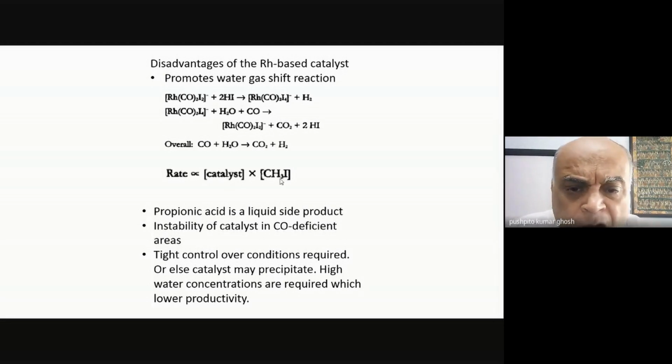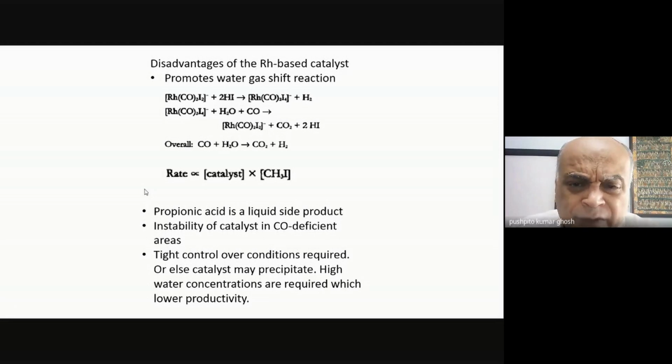They also found that in case there is a deficiency of CO, the catalyst then becomes quite unstable. So that was another very important thing. They also found that this particular reaction is favored when you have relatively low concentrations of methanol and more water.